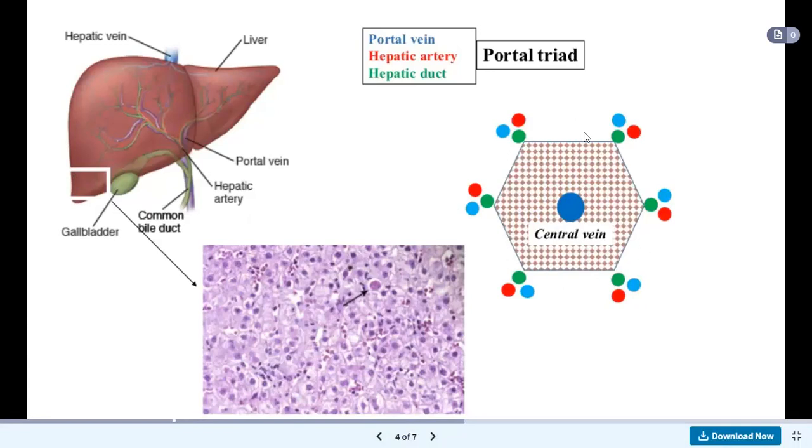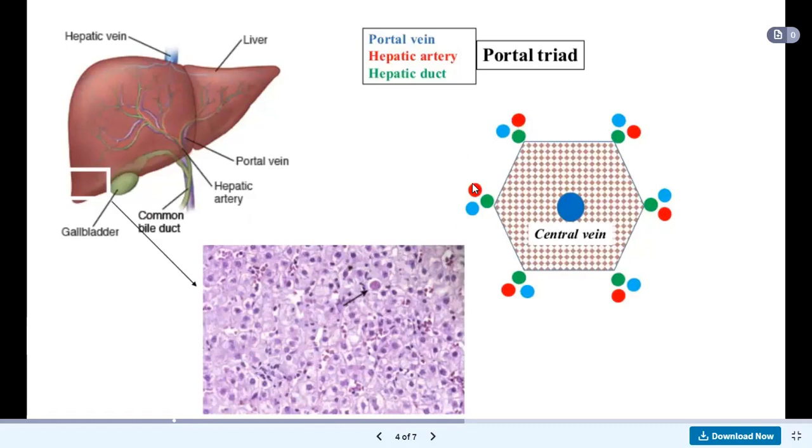And in that hepatic lobule, you will find a hepatic duct, a hepatic artery, and a portal vein. The liver lobule is represented with a hexagonal structure with 6 sides, so 6 edges, 1, 2, 3, 4, 5, 6. And each of these edges has a portal triad.